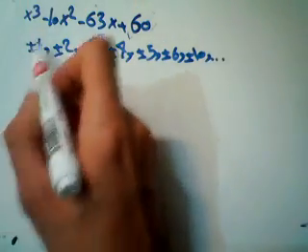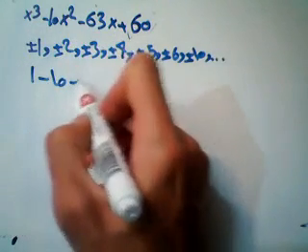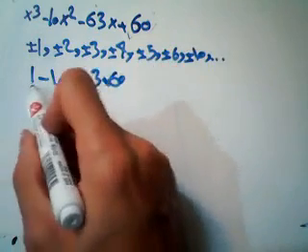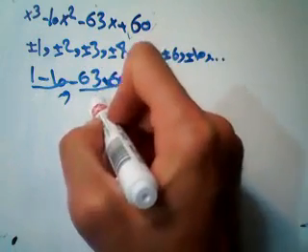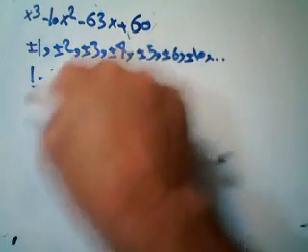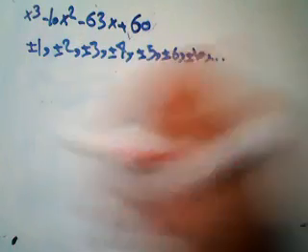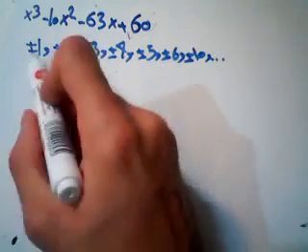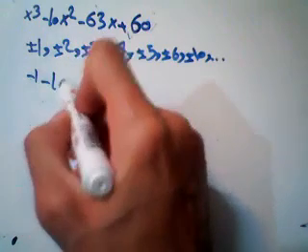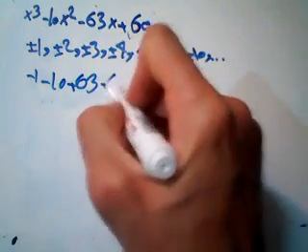First, 1. 1 plus 1 would be 1 minus 10 minus 63 plus 60.